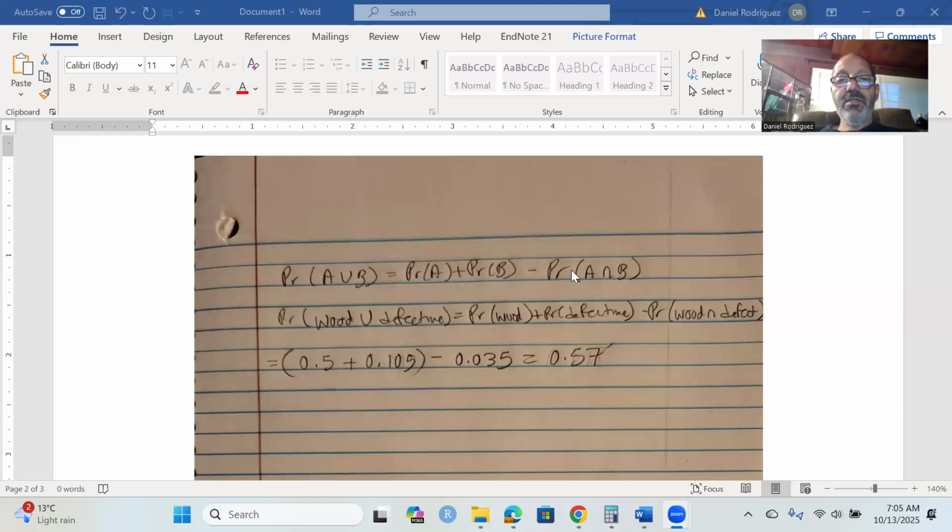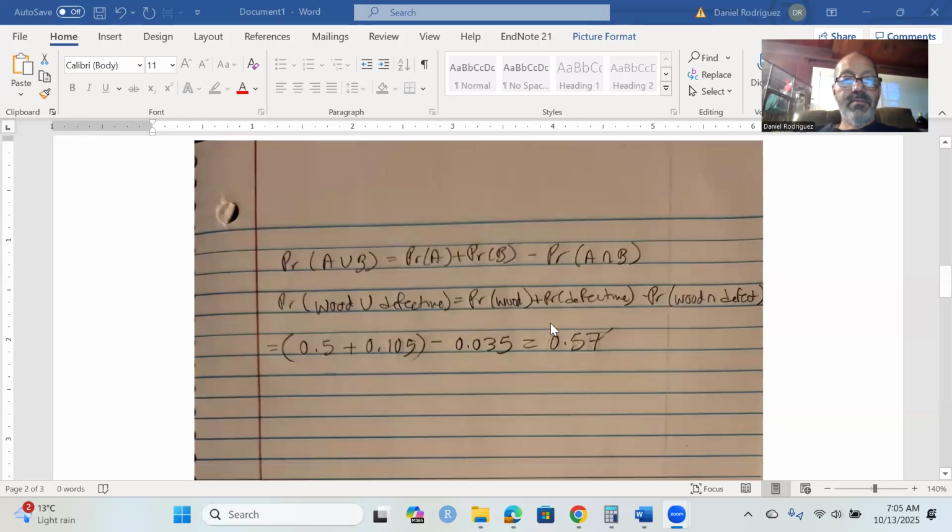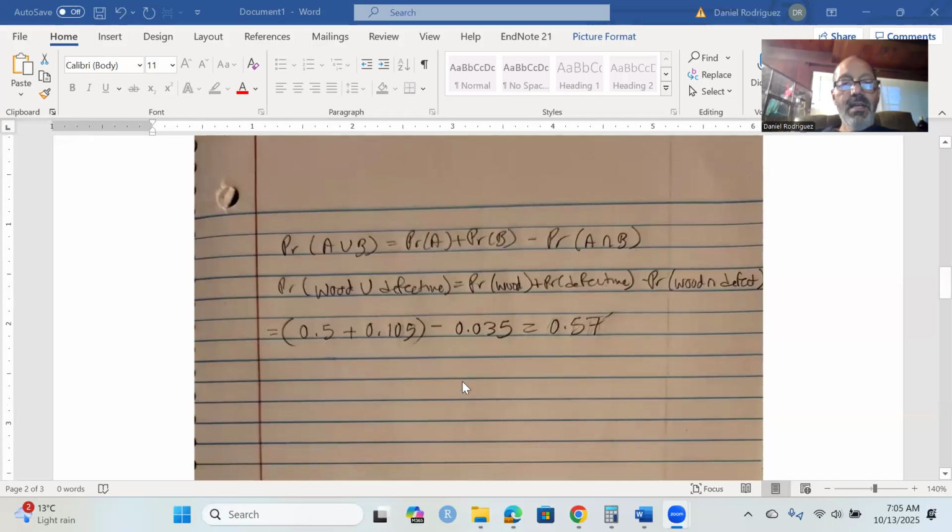If they're mutually exclusive, it means they cannot co-occur, and this would be 0. So in this case, the probability of being wood or defective, again A is wood and B is defective, is the probability of being wood plus the probability of being defective minus the probability of being wood and defective.